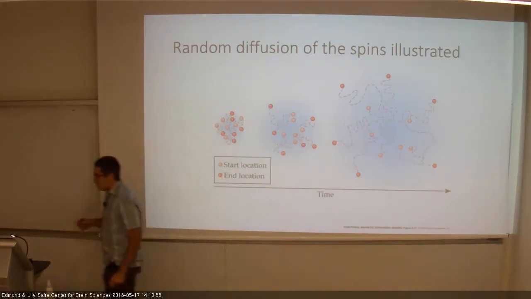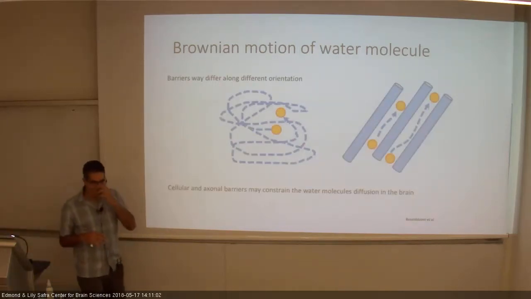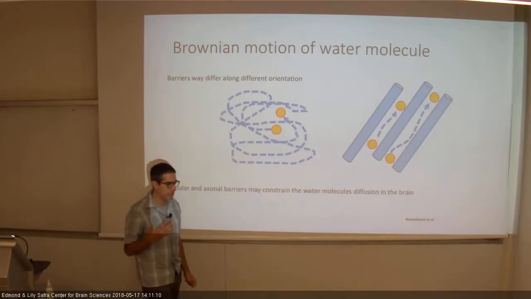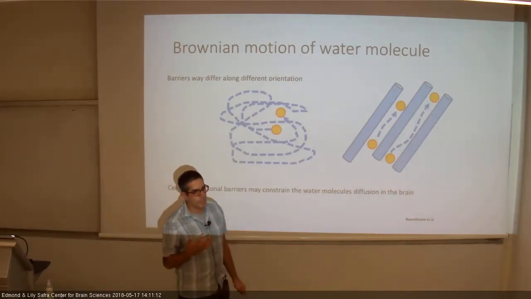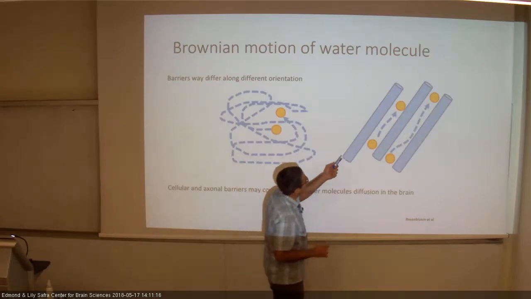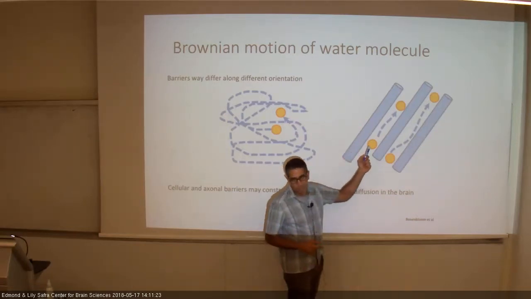This one is 2D. But if there are obstacles, if we are inside biological tissue, which has barriers, let's say, what kind of barriers might we have? Membranes. Membranes are the main barriers in biological tissue. Then we can expect that the diffusivity will be reduced because of those barriers.